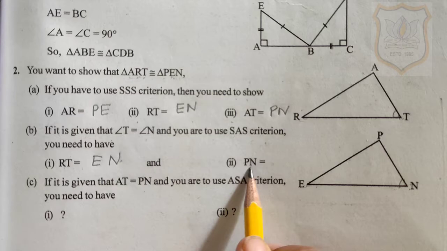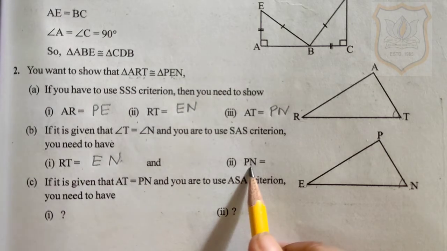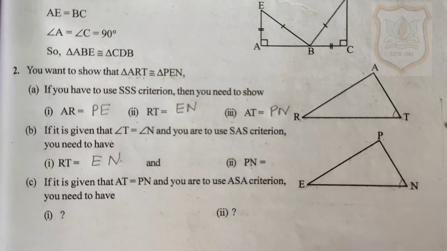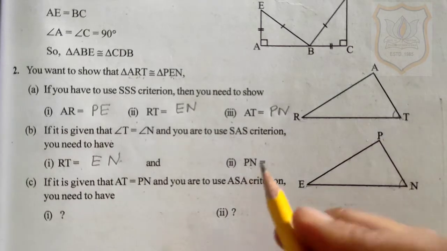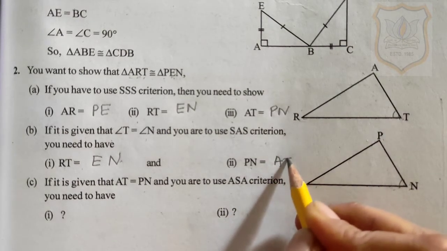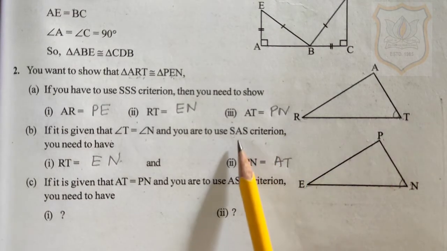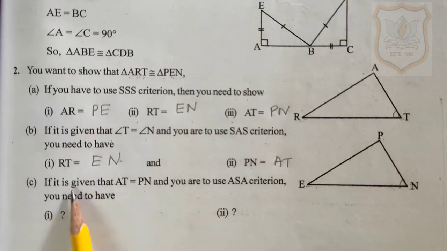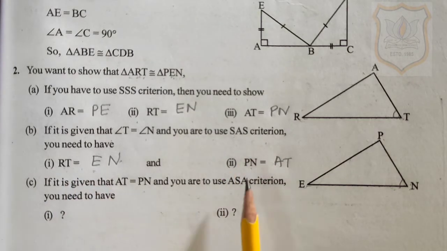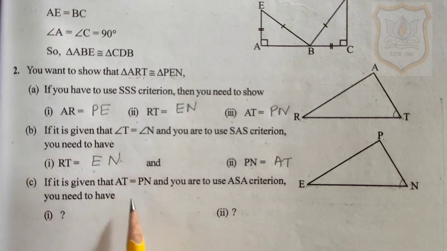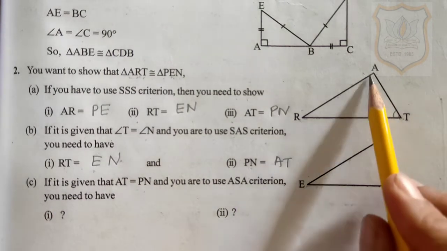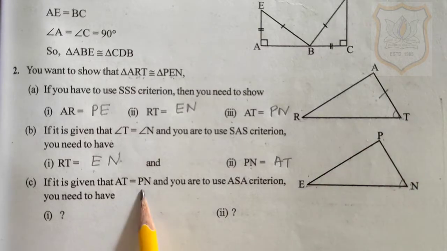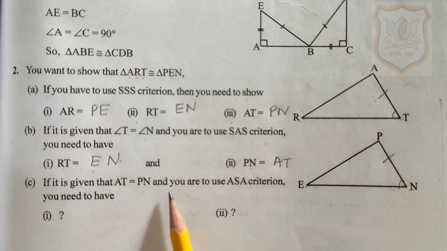And PN is equal to AT. So here we will write AT. In this way we have used SAS criterion and shown that RT is equal to EN and PN is equal to AT.